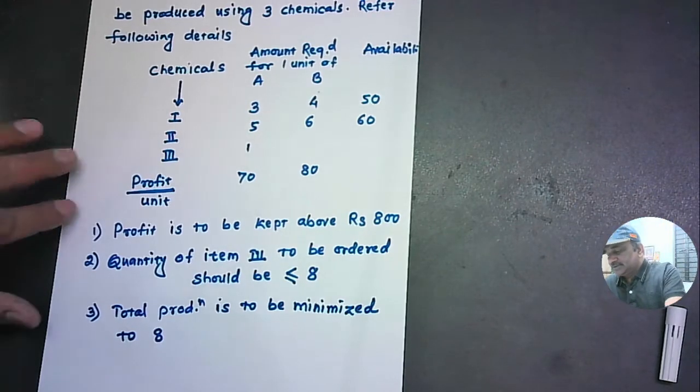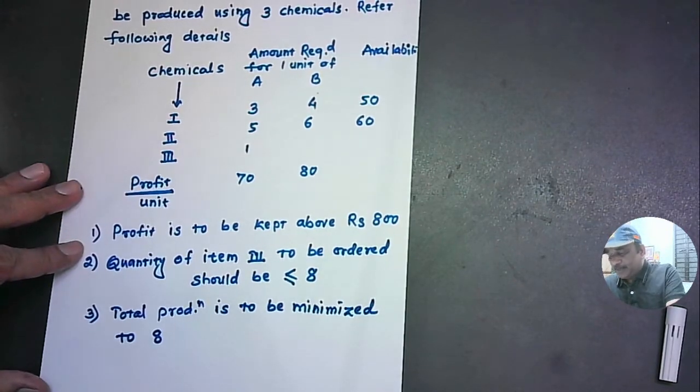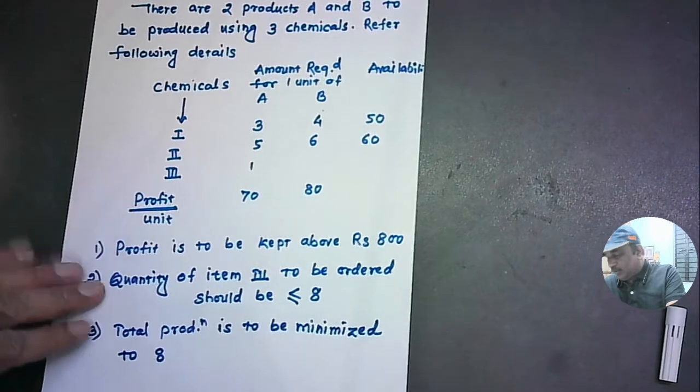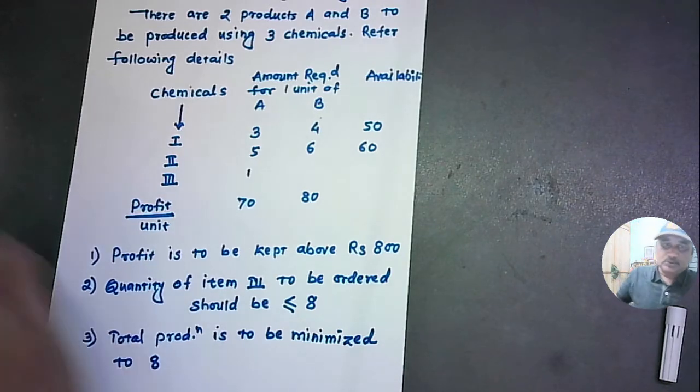So there are two things when we look at a problem to be handled by goal programming. One is called rigid constraints, and the other, which looks like a constraint but is not actually a constraint, is a target; those are called goals.